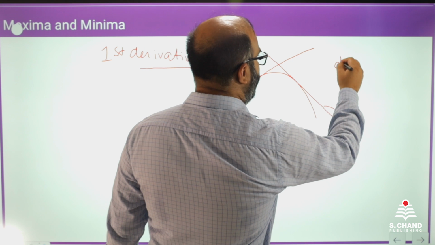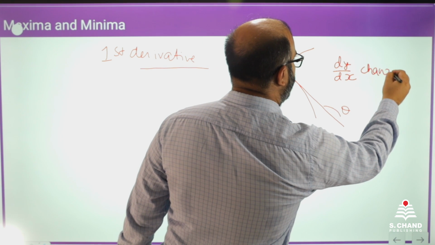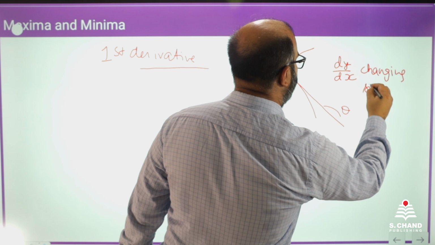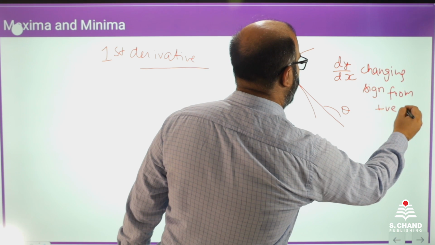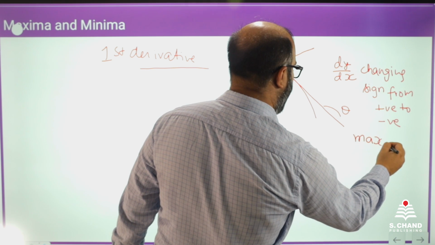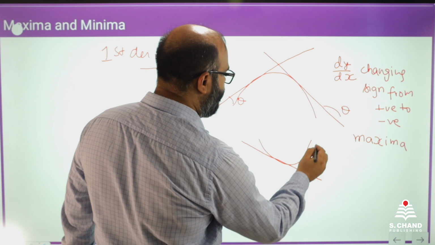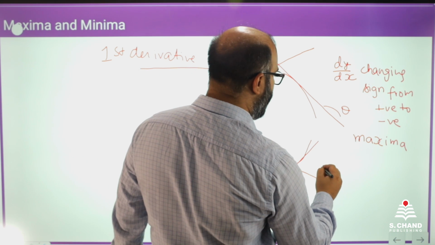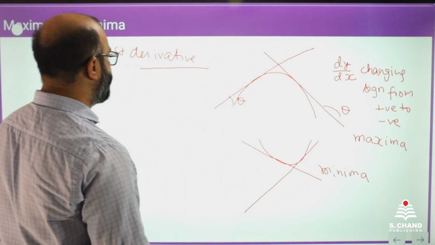So if dy by dx is changing sign from positive to negative, it is a maxima. And if it is reverse, that is, if it is changing from negative to positive, then it is a minima. So this is the first derivative test.